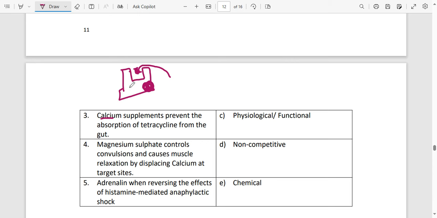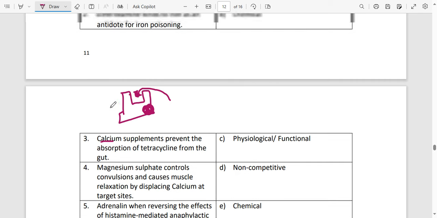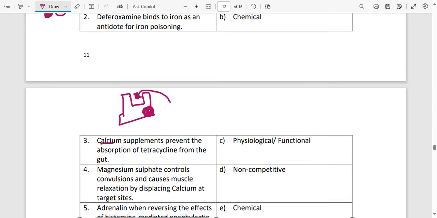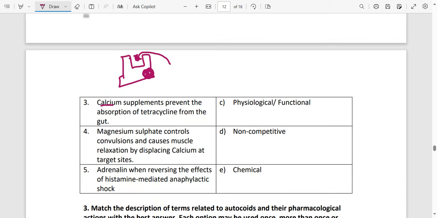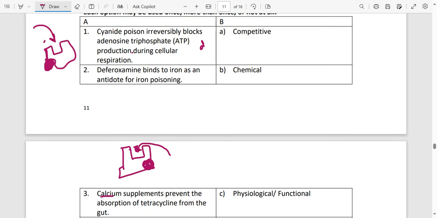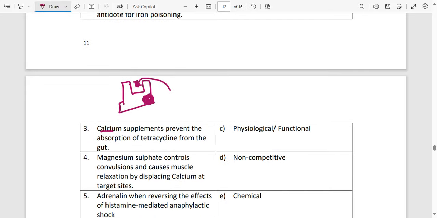So which one is that going to be? It's also non-competitive. So there's another non-competitive that we picked, isn't it? Which one was that? That was A.